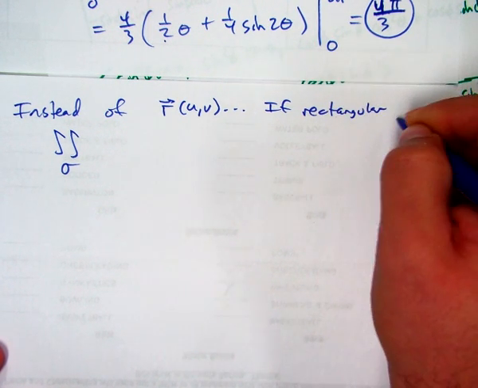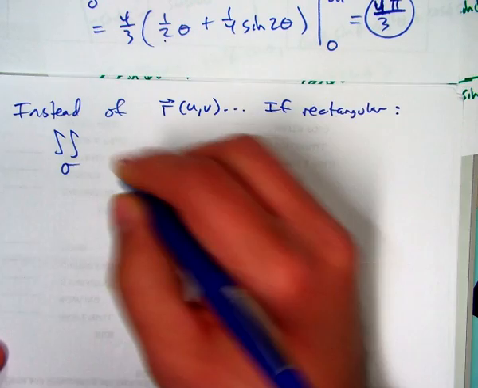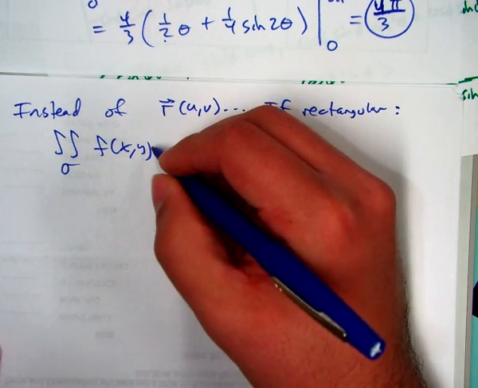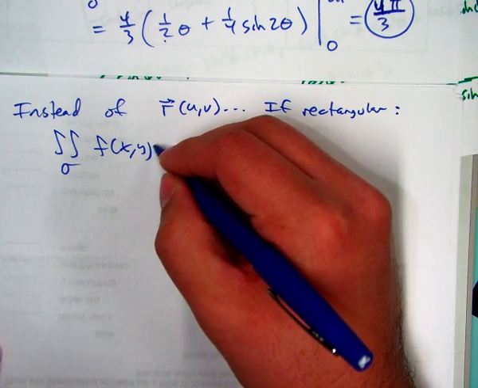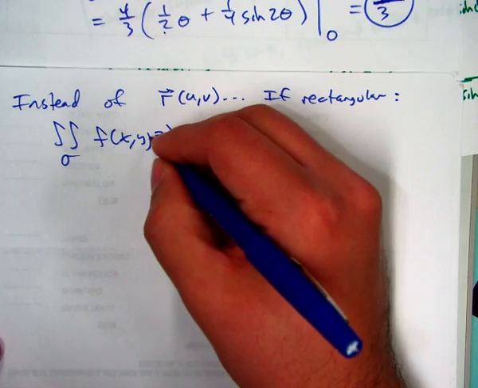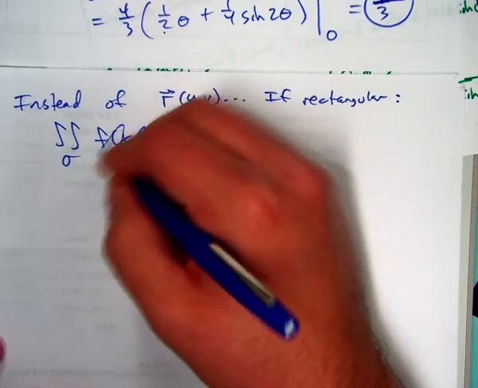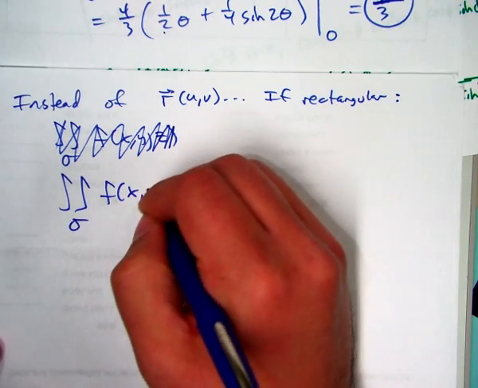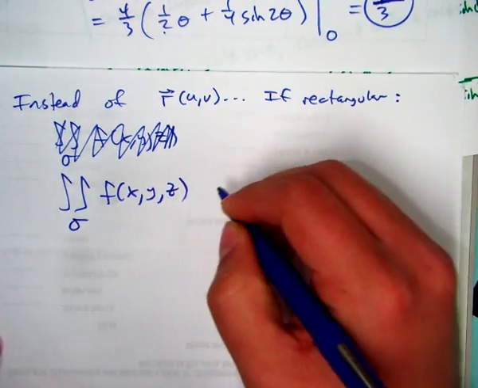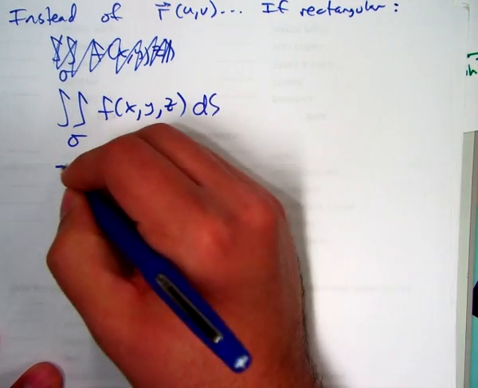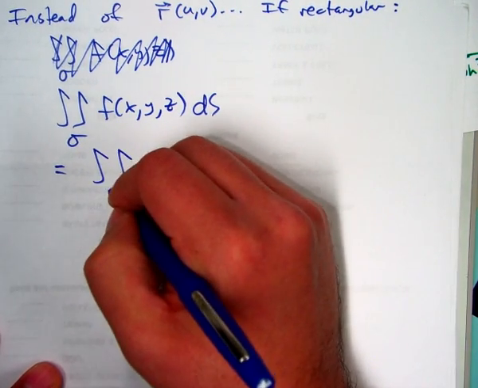If rectangular, then the surface integral of f of x, y, z dS will become a double integral over region R.